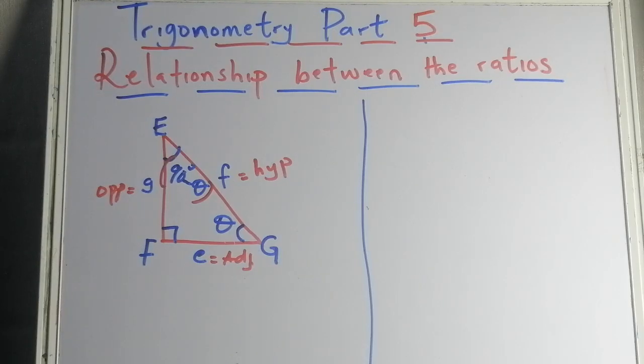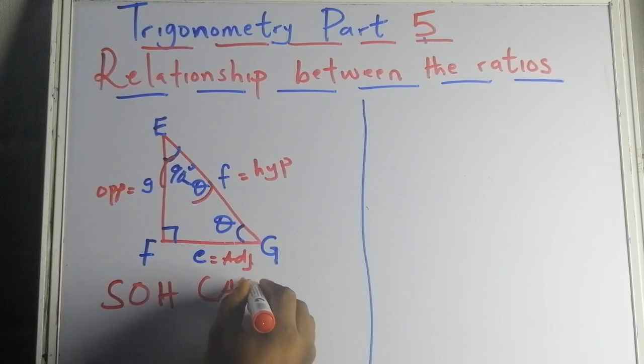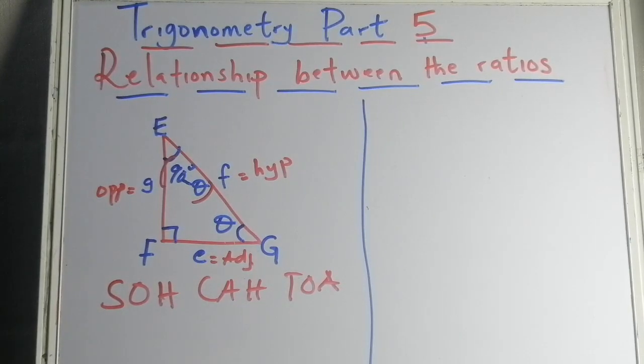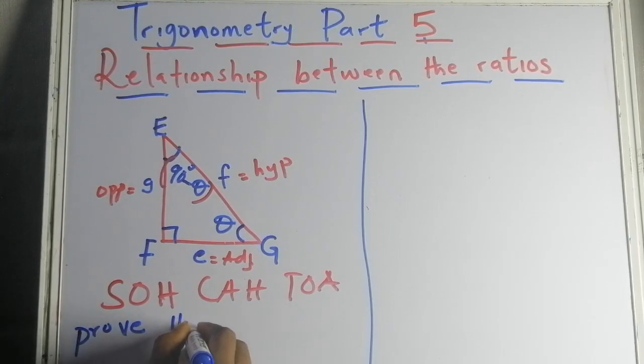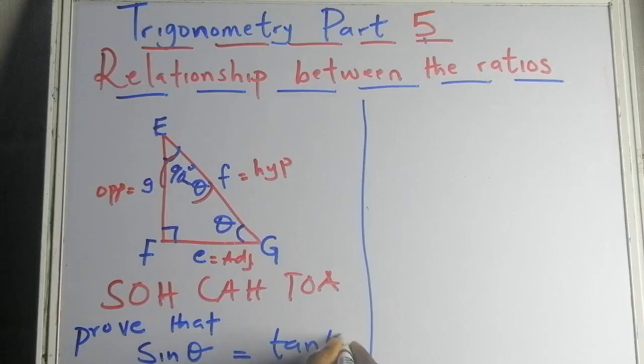So now we want to prove that tan theta equals sine theta over cos theta. What do we need to do? We go back to our SOHCAHTOA. It's tan theta we want to prove now, that sine theta over cos theta equals tan theta.